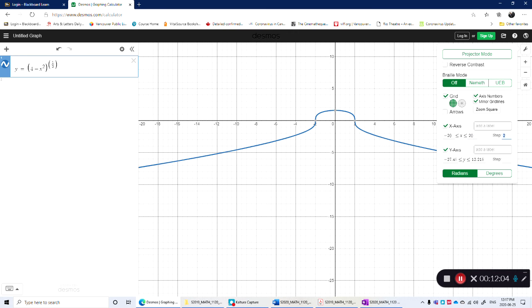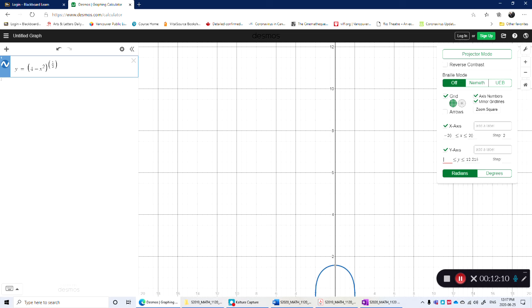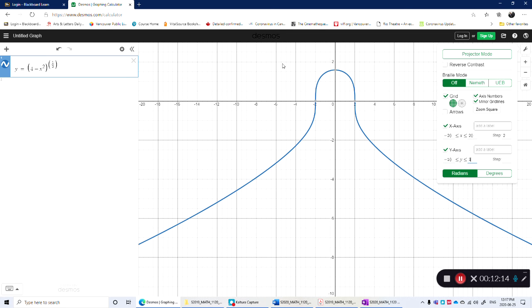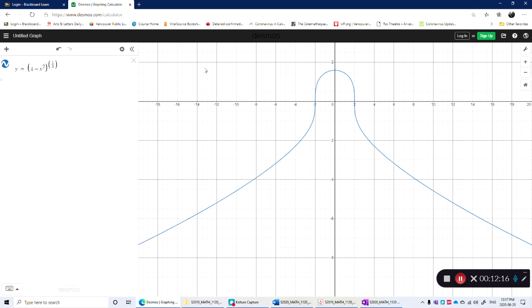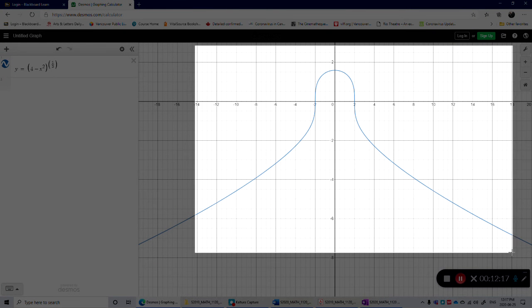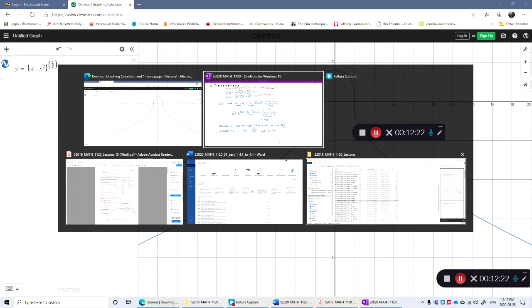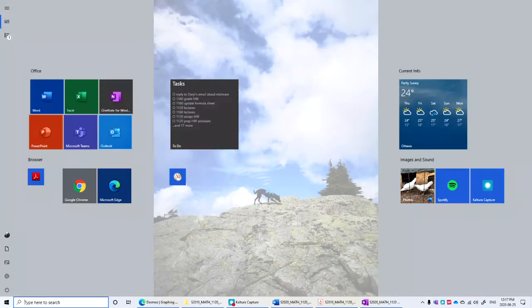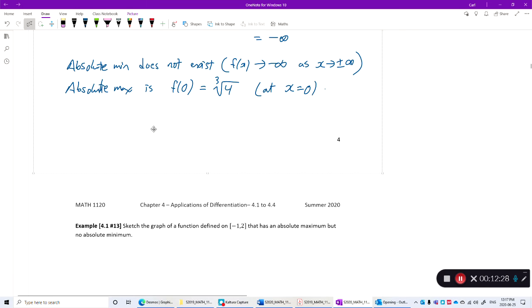And this can be, I don't know, negative 10 to 3. Okay, so that's what this weird function looks like. It has its highest point right in the middle, and then it goes down to the right and the left. Okay, let's paste that in there.